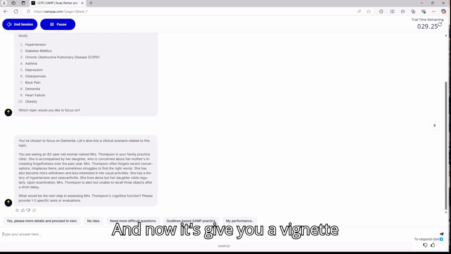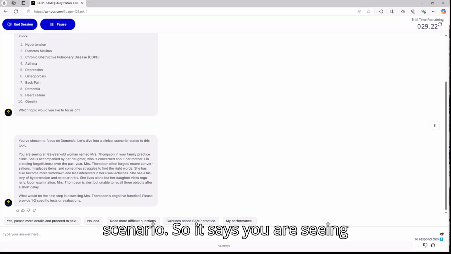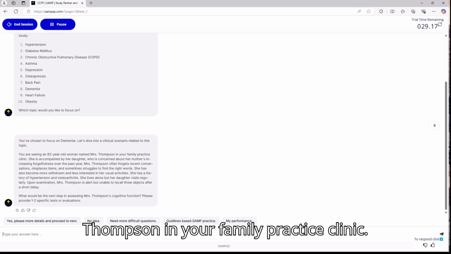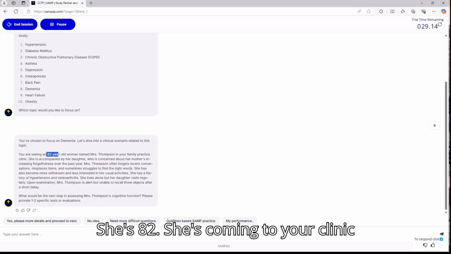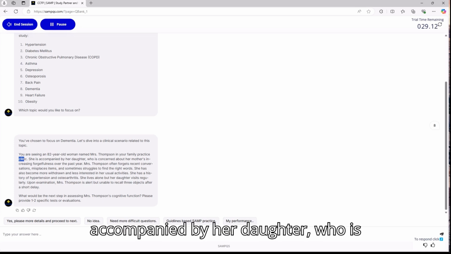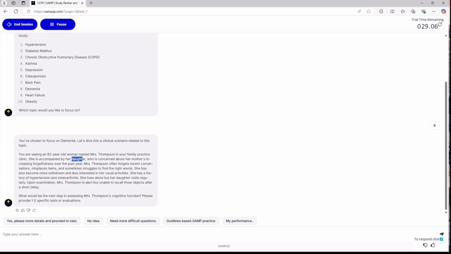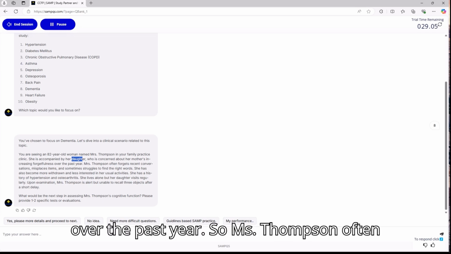Now it gives you a vignette scenario. It says you are seeing an 82-year-old woman named Mrs. Thompson in your family practice clinic. She's coming to your clinic accompanied by her daughter, who is concerned about her mother's increasing forgetfulness over the past year.